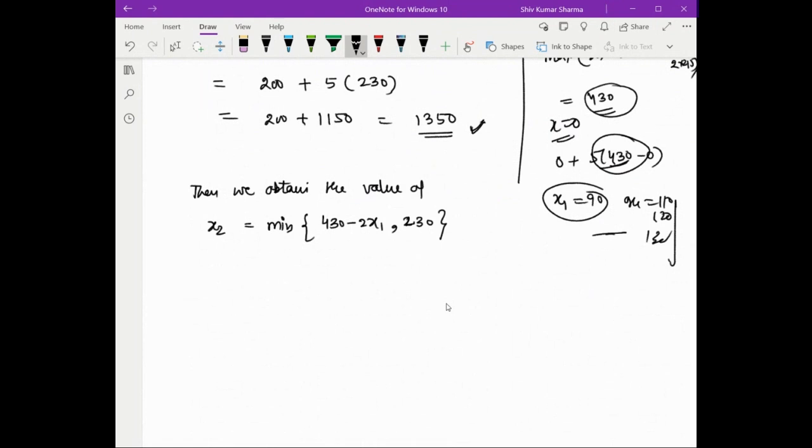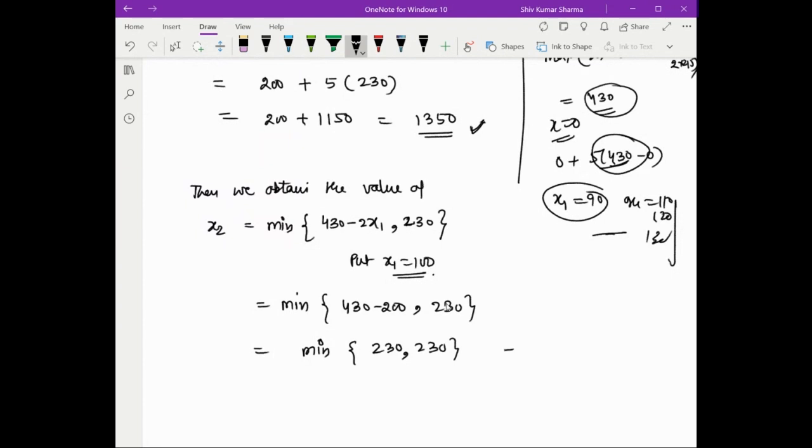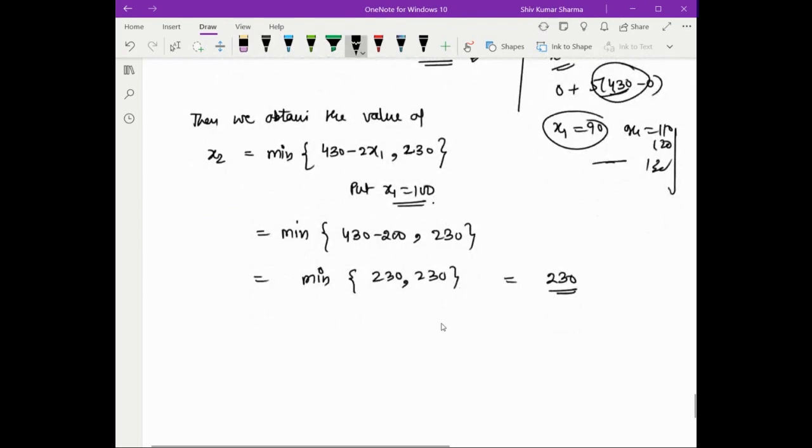So what is the minimum value? When we put x1 equal to 100, we write the minimum of 430 minus 200 and 230. This equals the minimum of 230 comma 230. So this means 230. So remember: x2 is 230 and x1 equal to 100.